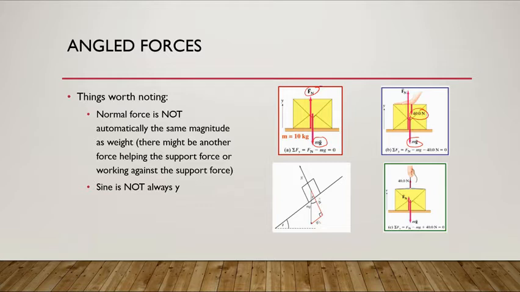The sum of your forces is your normal force up minus your mass times gravity minus 40. If you rearrange that, you end up getting that the normal force in this case is equal to mass times gravity plus 40 newtons. It's almost because that person is working against the surface by an additional 40 newtons.